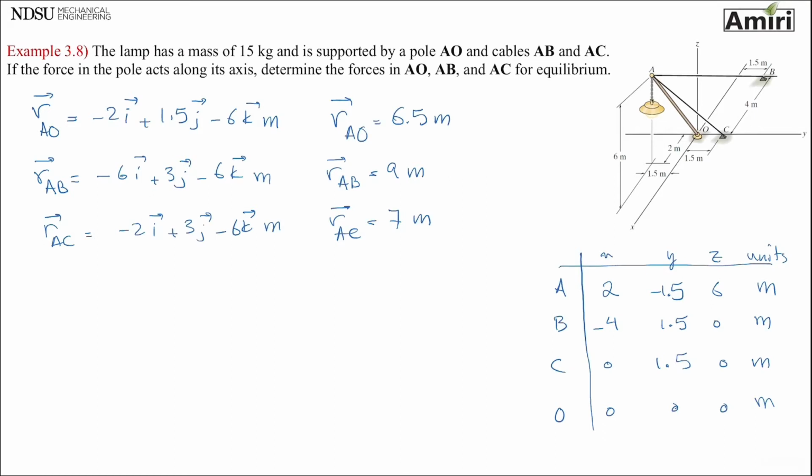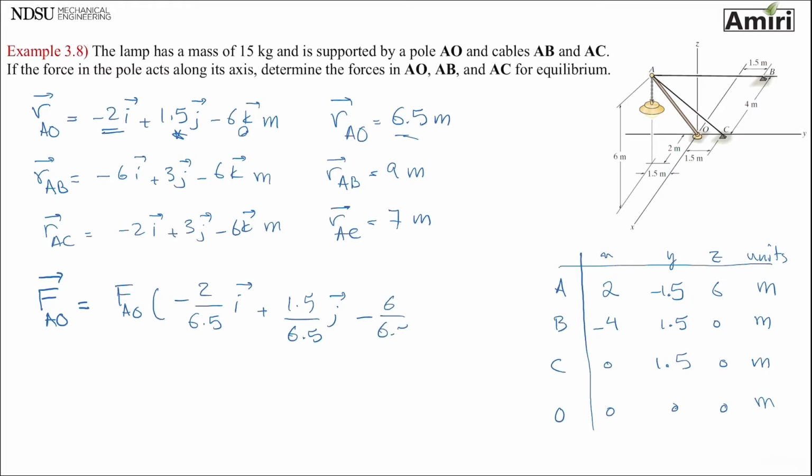Okay, so I think I'm ready to write the three forces here that I wanted in terms of IJK, or Cartesian notation. 2 over 6.5 i. So basically I'm dividing this by 6.5 i, dividing this by 6.5 j, and dividing this by 6.5 k.